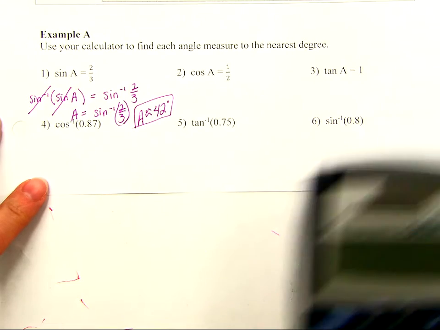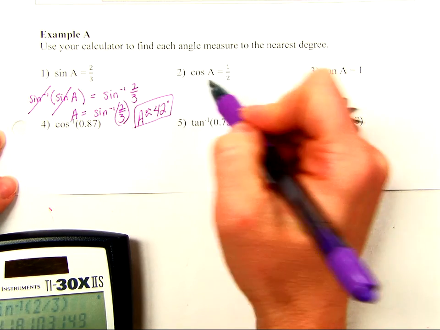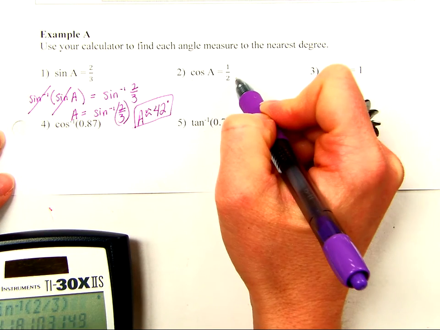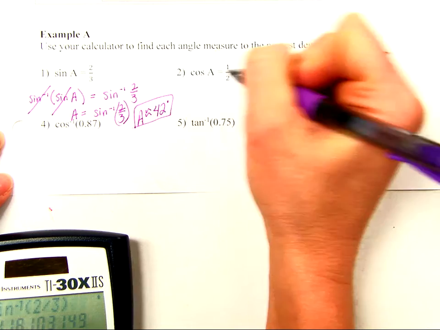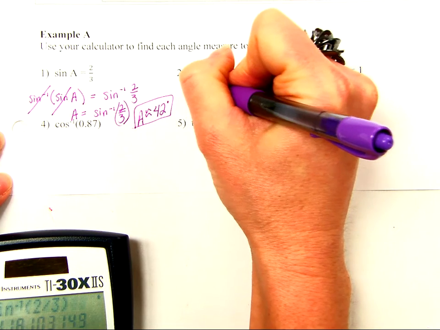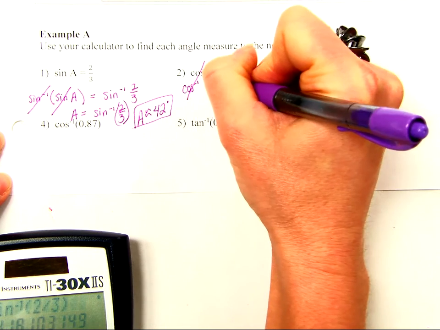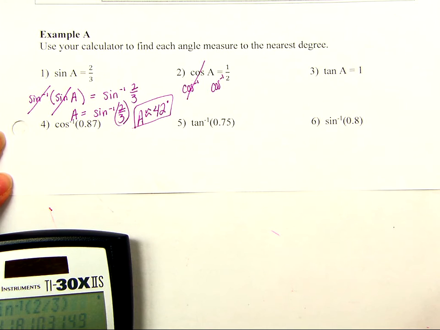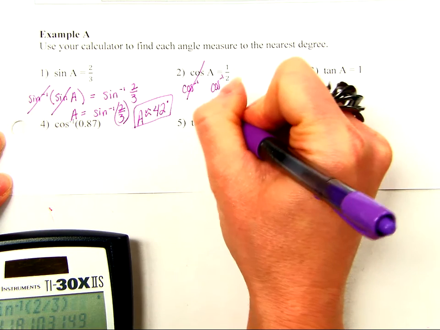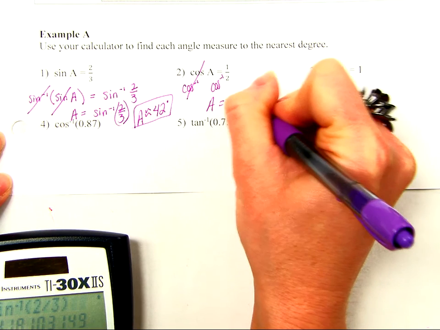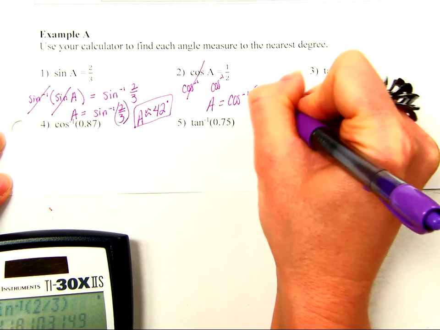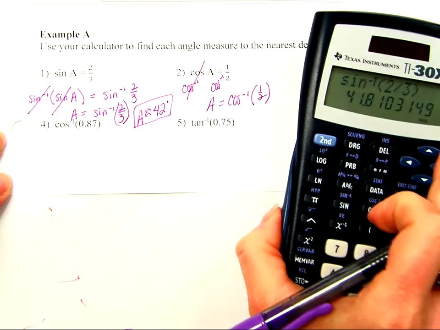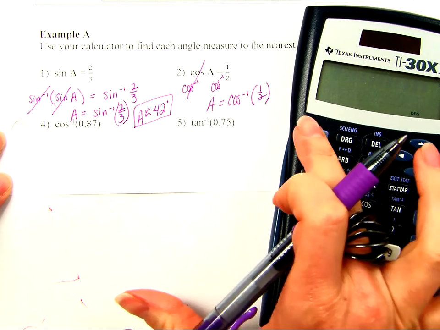And really, we would calculate all of those as so. The cosine of angle A equal to 1/2. Well, if I wasn't sure what angle that was, I would think about taking the inverse cosine of both sides. So my angle A is the inverse cosine of 1/2. I'm going to go ahead and calculate that.